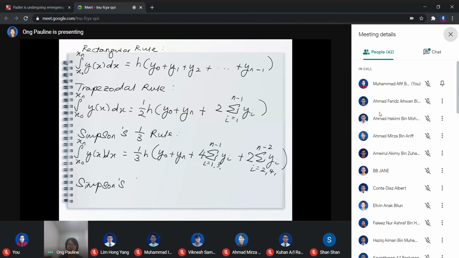And lastly, we have the Simpson's 3 over 8 rule, where the integration of the function is given by 3 over 8h.